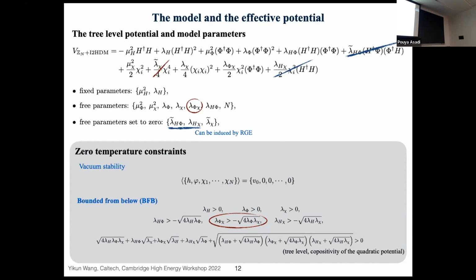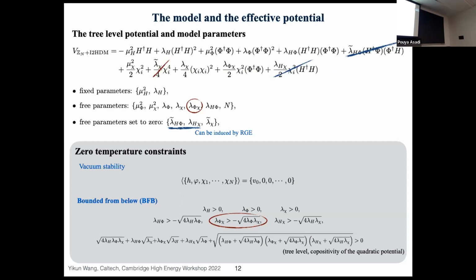A lot of them are actually not very sensitive to the symmetry restoration, but I do want to highlight this one. This one is a hero here. That's the portal coupling between the inert Higgs and the scalar. So it's like in the BSM sector. And this is going to give me an active contribution to the thermal mass. Keep in mind that I want my thermal mass to be active.